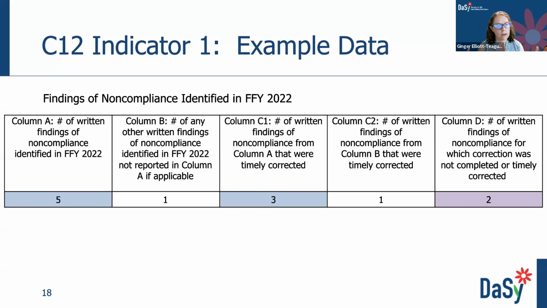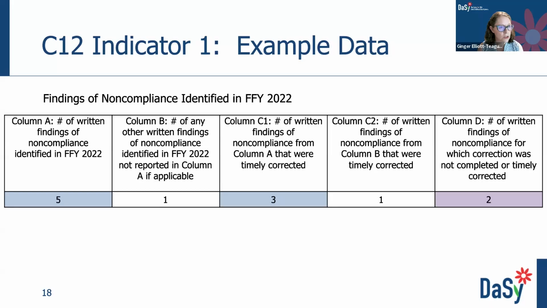And so as Sharissa had gone through the calculation, 4 out of the 6 were corrected timely, and so 2 remained uncorrected. So these are the data that were in C12 for last year's APR.